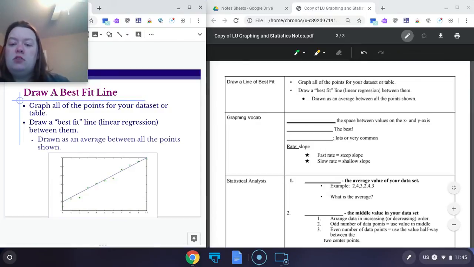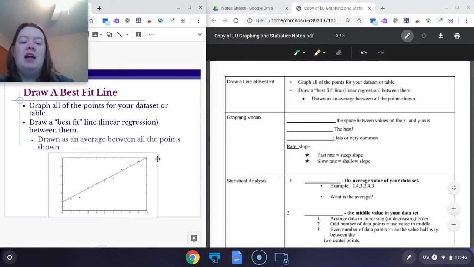The next thing you're going to do, you want to be sure you're actually going to put your information on your graph. Just note, you have to put all your information on there. So again, make sure that your scale fits appropriately so you can get all of your data points on there. Oftentimes, if you are creating a line graph, you're going to see sometimes you'll have these points, and instead of just connecting the points, you see a straight line drawn through them.